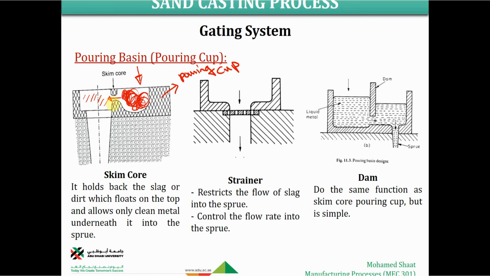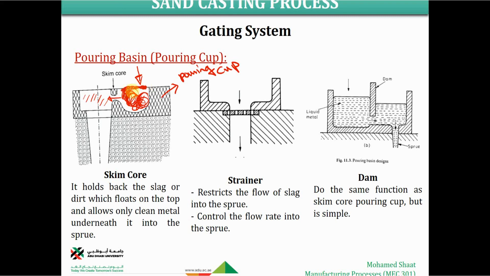So what happens basically, in many cases, is that the slag has a lower density than the pure metal itself. The pure metal is heavier than the slag or the dirt. So the dirt starts to float over the surface of the pure metal.